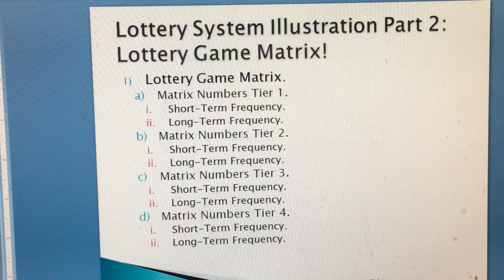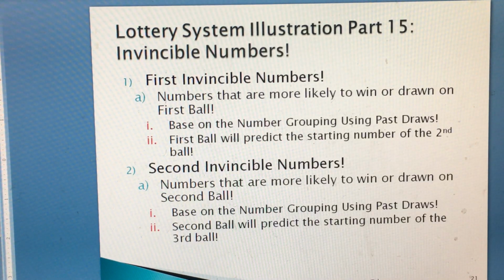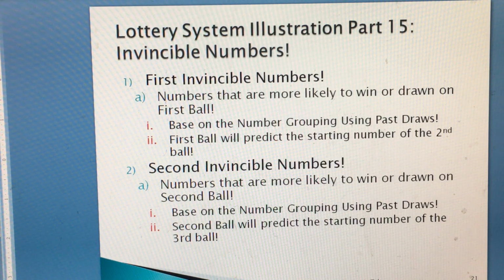It goes up to illustration part 15 right now, and I still haven't written out part 16, but I'll be describing it in this video. Let's look at part 15 before we get to part 16. First invisible numbers are numbers more likely to be drawn on the first ball.